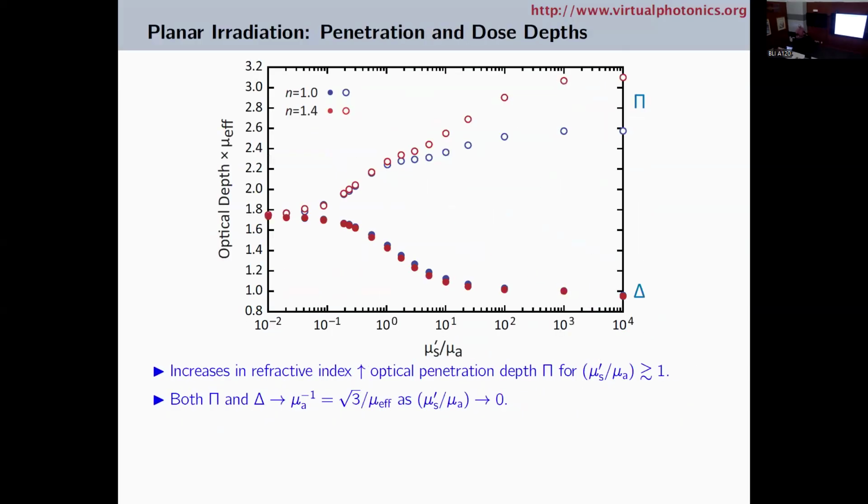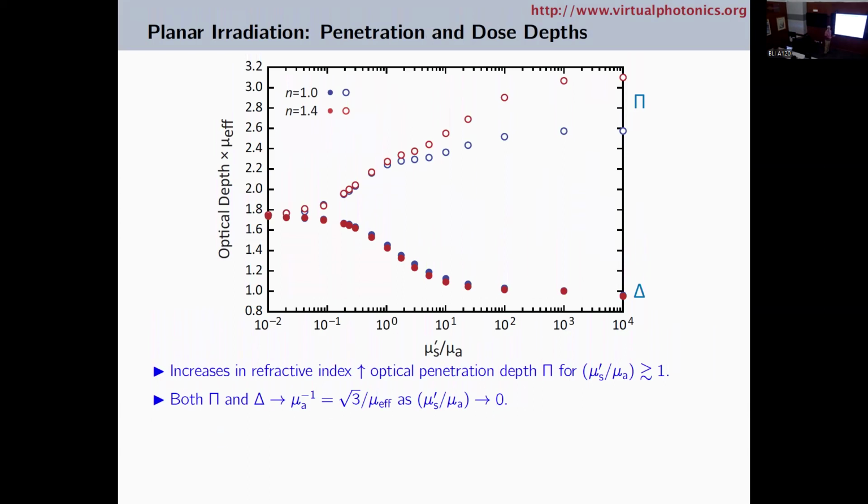Okay. So now let's look at these penetration and dose depths. What we did here, again, me and Scott drank too much of the dimensionless, non-dimensional metric Kool-Aid. So we did everything in dimensionless coordinates. So this is not a physical depth, but it is the physical depth times mu effective.